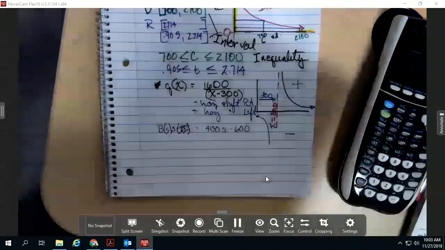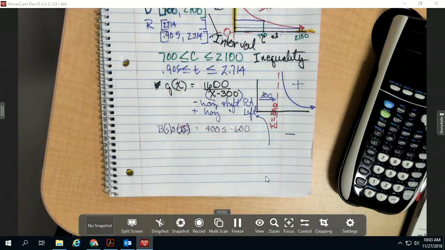So you could carry around a phone the size of a piece of paper. Screen size diagonal would be about 13 inches. So at 13 inches, you could take 400 times 13, which is 5,200, minus 600.